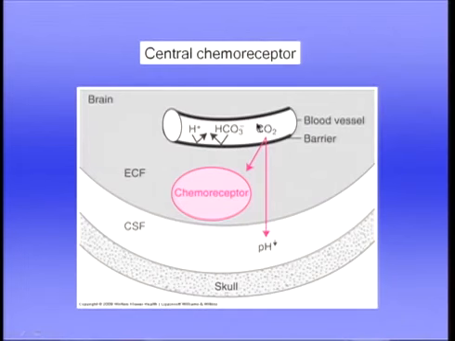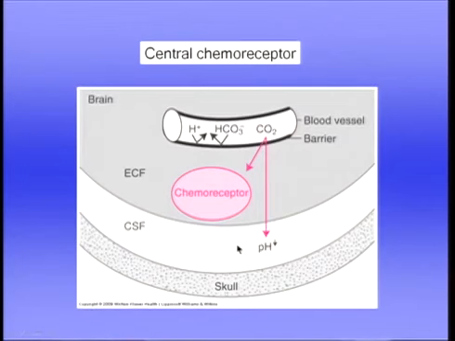But under those conditions, if the CO2 rises over a long period of time, and of course that causes initially a reduction in pH, the pH can be restored to near normal in the CSF by an organ called the choroid plexus. Think of the choroid plexus of the CSF like the kidney of the blood. The choroid plexus regulates the composition of the CSF.